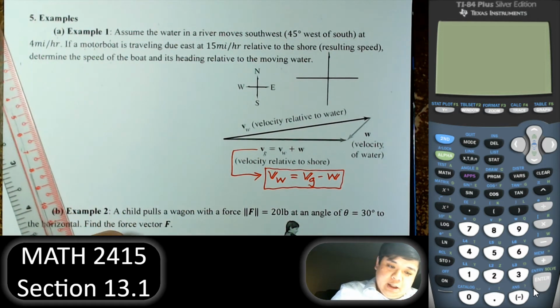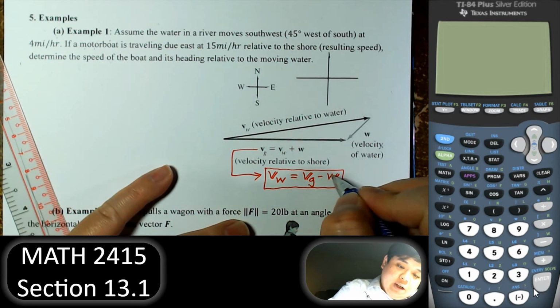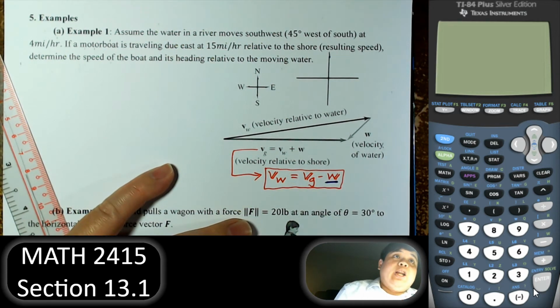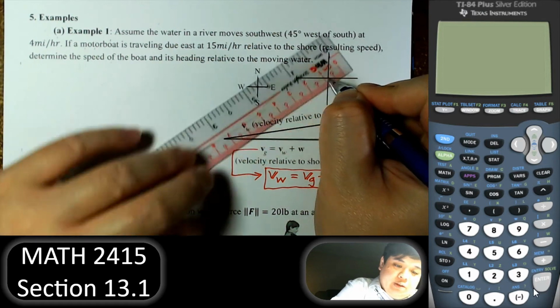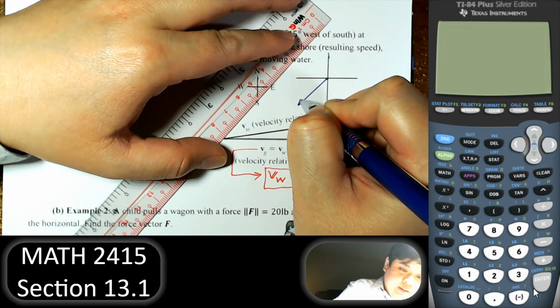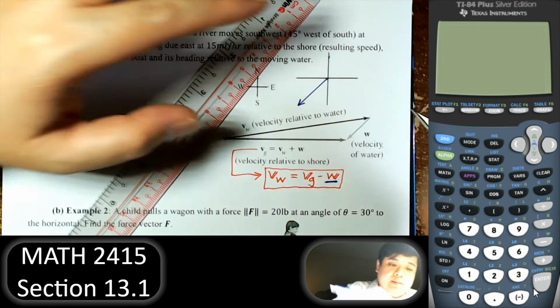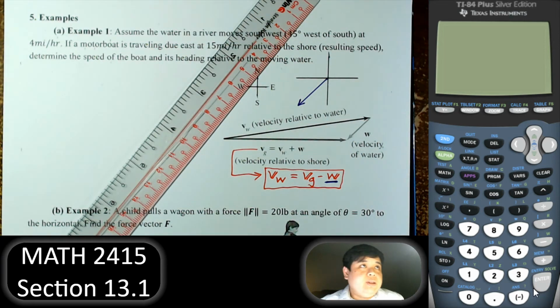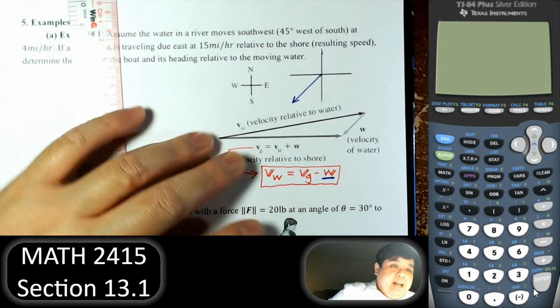The first one I'm talking about is W, the vector W, southwest 45 degrees, and then it is 4 miles per hour.